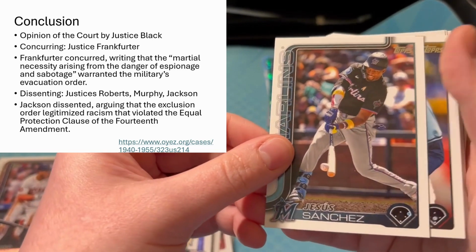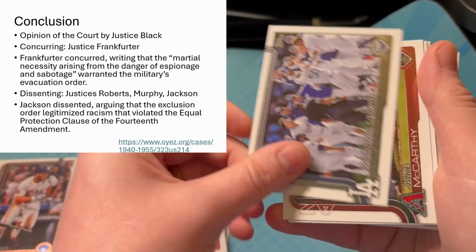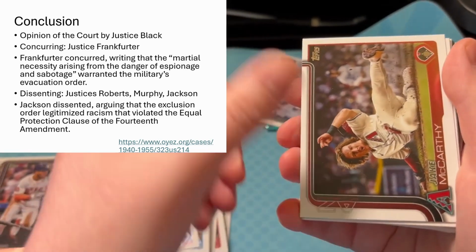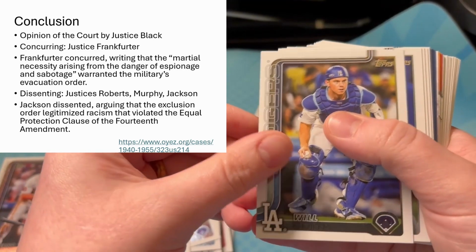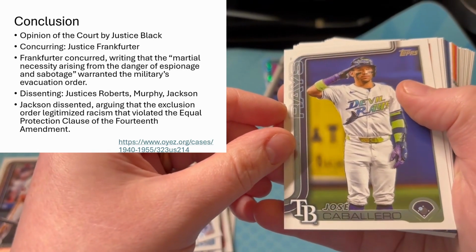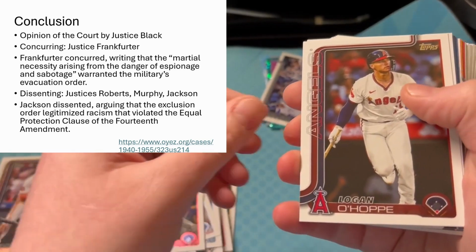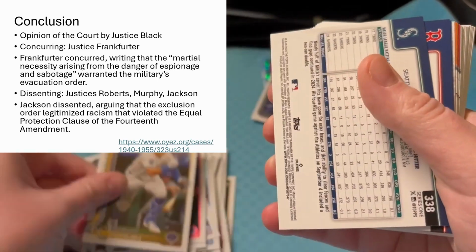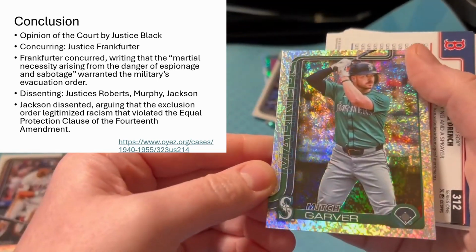Frankfurter, concurring, just wanted to add his 2 cents, saying, yeah, I agree with that, and so on. As for why he felt he needed to add his 2 cents, he said, quote, the martial necessity arising from the danger of espionage and sabotage, unquote, warranted the military's evacuation order. So he just wanted to specify why he thinks that law was okay.